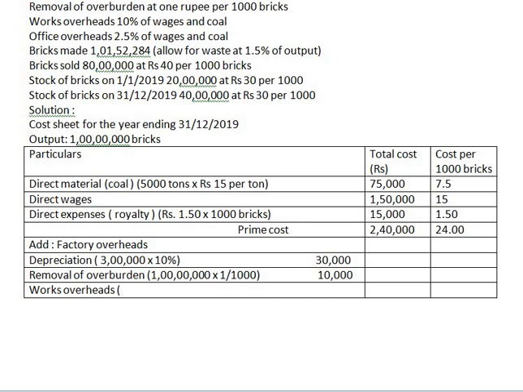In bracket you can show the calculation, 10% of wages and coal. So 1,50,000 plus 75,000, which is nothing but 2,25,000.